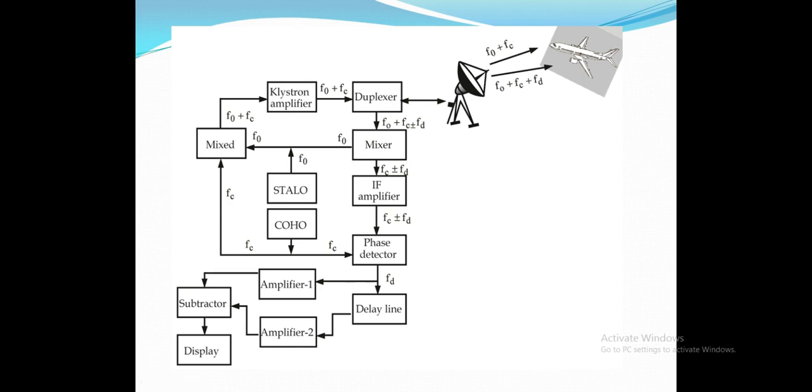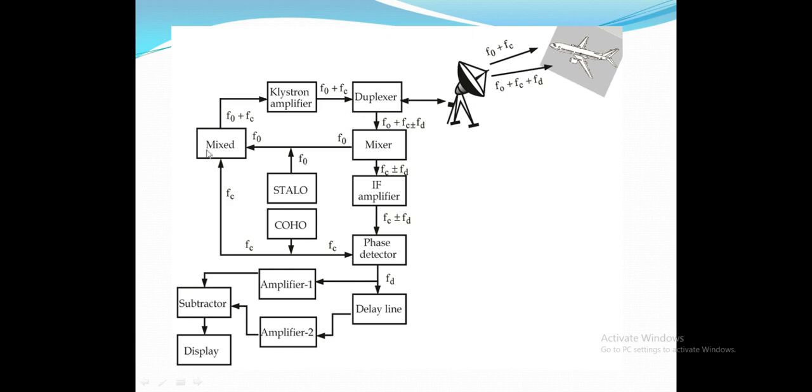The output of mixer 1 is F naught plus Fc. This output is amplified by a multi-cavity Klystron amplifier to provide a high power pulse. The transmitter pulse is then radiated into space through the duplexer.